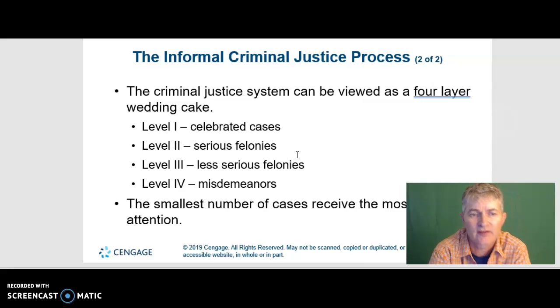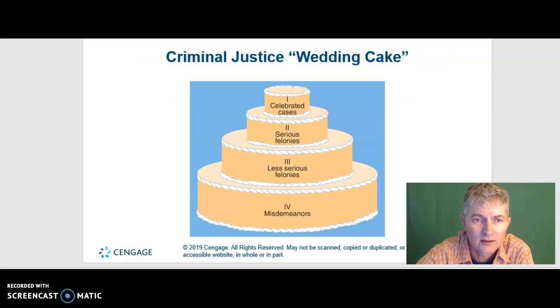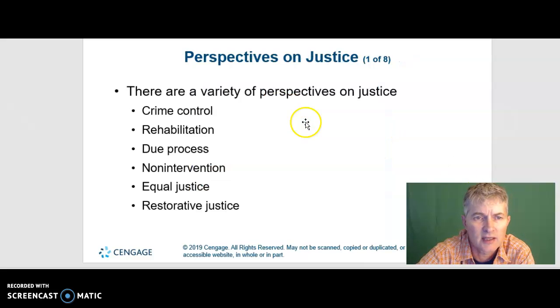Likewise, the smallest number of cases in this case receive the most attention. Like I said, the wedding cake is a good way of thinking about the multi-layers of criminal prosecution in this system.